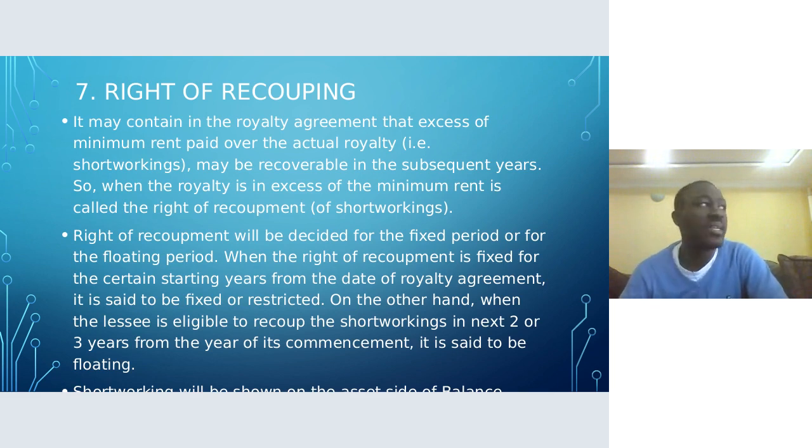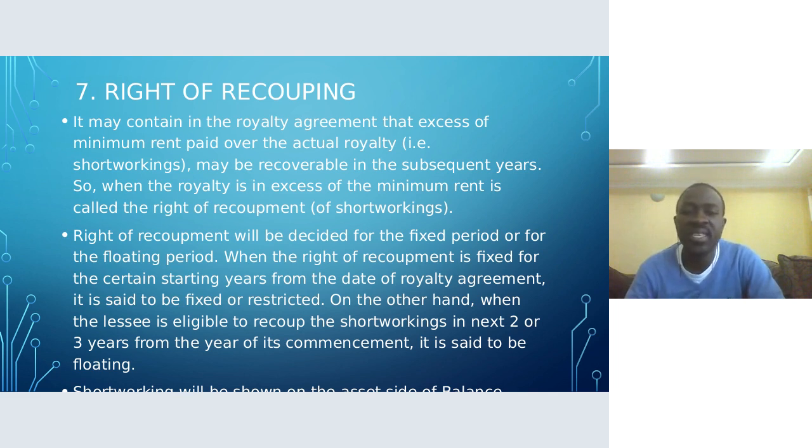Number 7, we look at the right of recouping. Now, in the royalty agreement, remember that there may be a clause that the minimum rent that is paid over the actual royalty, which is the short workings, may be recoverable in the subsequent years.